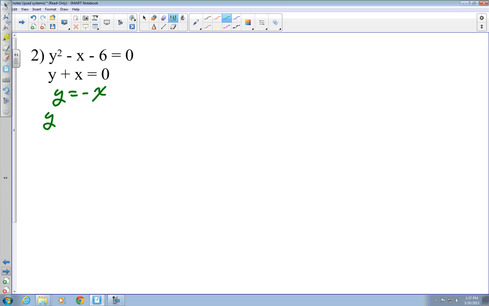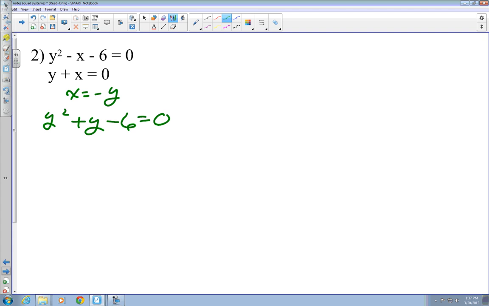So I get y squared minus, let's see, equals negative x. Actually, I'm going to do it the other way. X equals negative y, because I want to substitute this one in there. So instead of x, I'm going to use minus y, so it's going to become y squared plus y minus 6 equals 0.